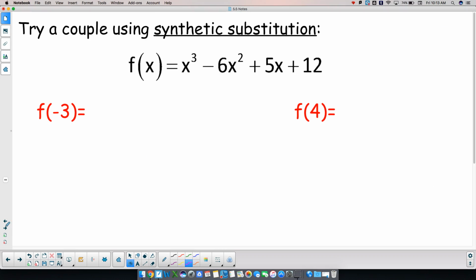Try those two using synthetic substitution. So my plug-in number is negative 3. My coefficients are 1, negative 6, positive 5, and 12.